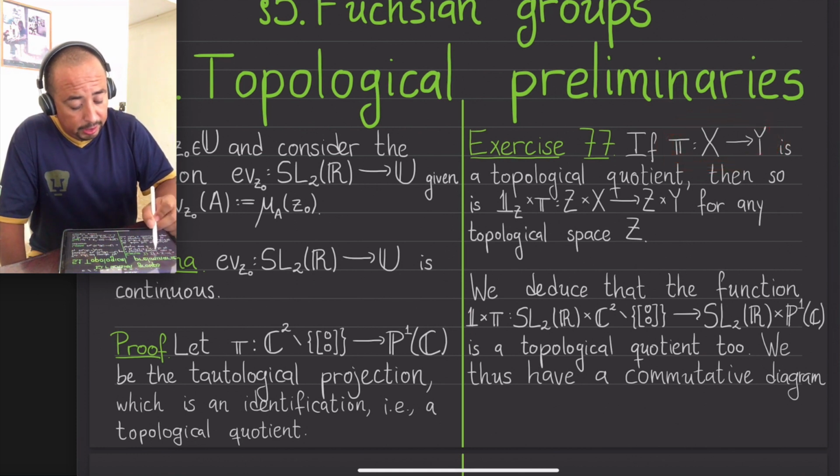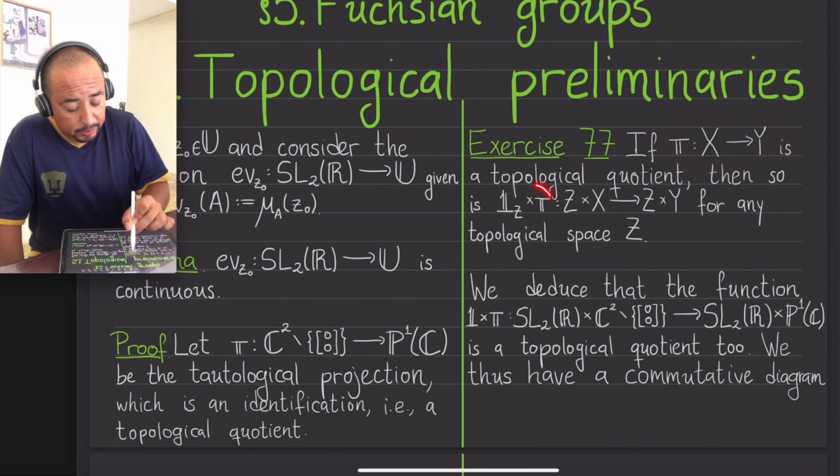An exercise here would be that if you are given a topological quotient, then the Cartesian product with the identity of any space is again a topological quotient. Recall that this function, to each pair of points, associates the first entry unchanged, and in the second entry it applies pi.